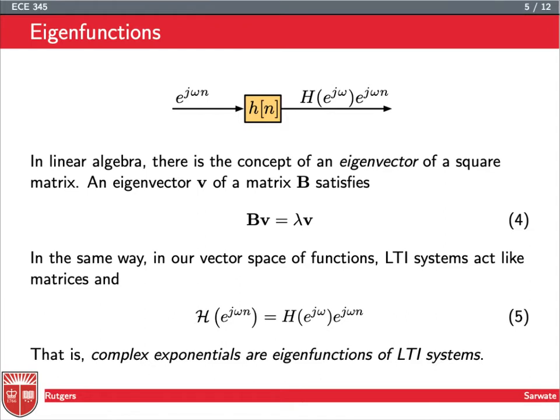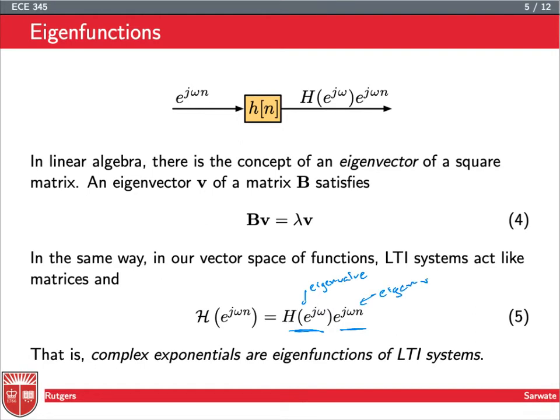So in some sense, it's an invariant direction for the matrix B. In the same way, when you talk about our vector space of functions, remember we were saying that LTI systems kind of act like matrices. So in that analogy, applying a system to e to the j omega n is going to produce e to the j omega n, the same input back, but now with this scaling. So this looks like an eigenvalue, it's called an eigenvalue, and this is an eigenvector.